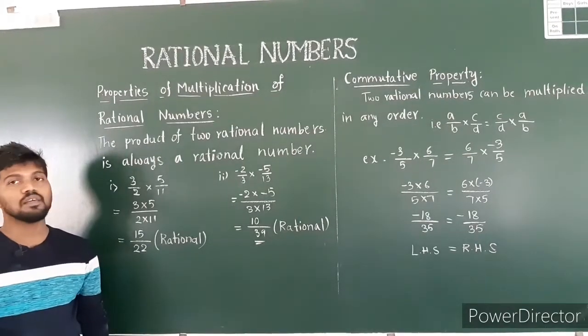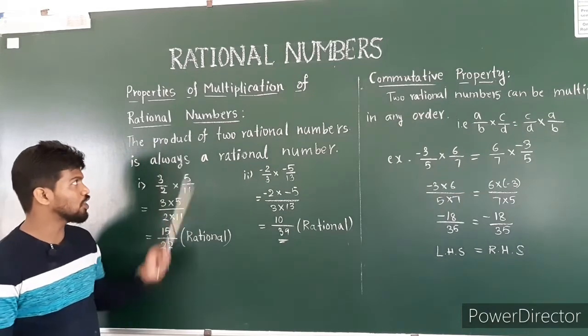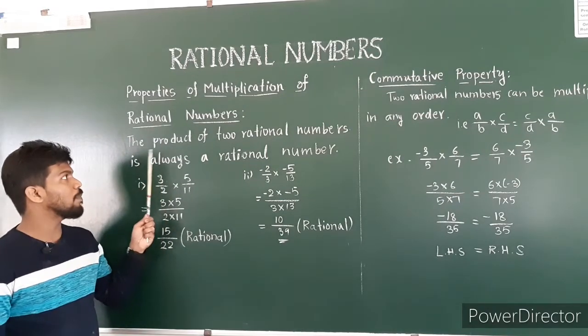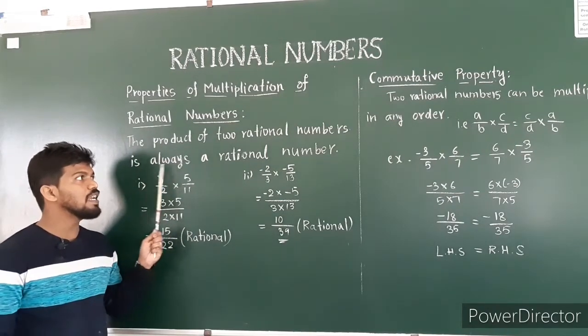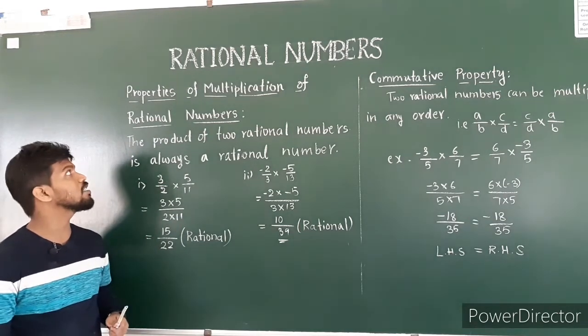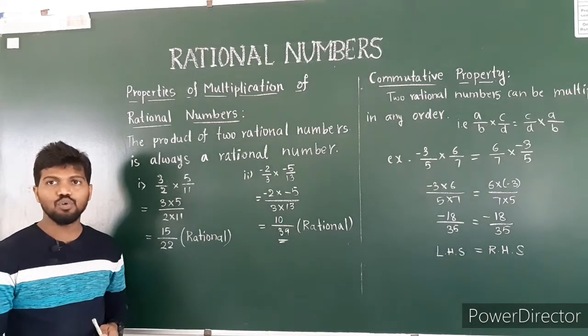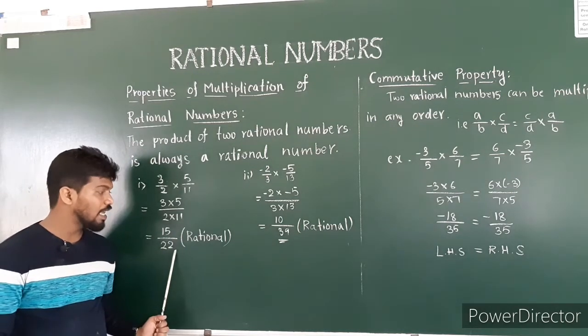So now you see the properties of multiplication. In that, the first one is the closure property. So what is the closure? The product of two rational numbers is always a rational number. That means when you multiply two rational numbers, you get a rational number.